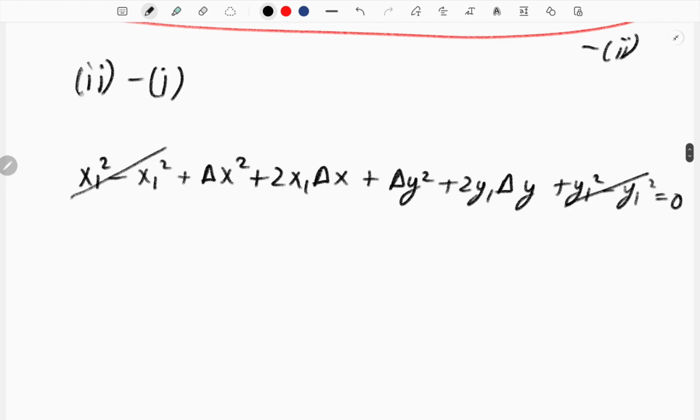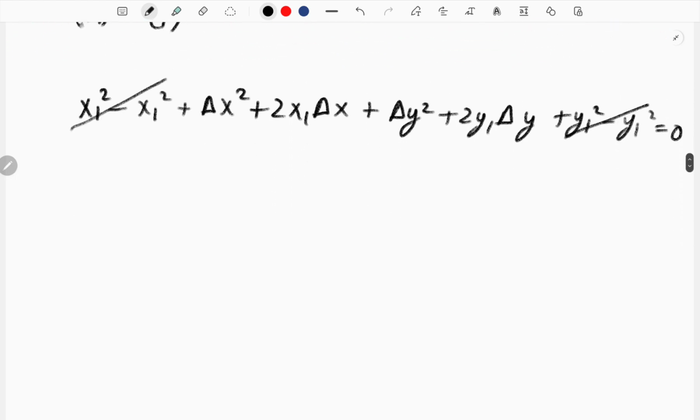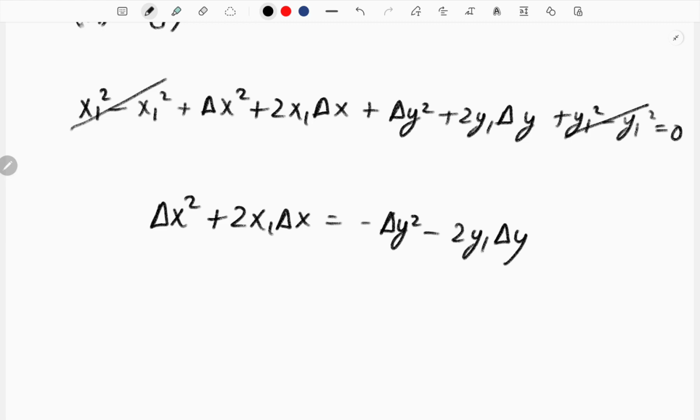So these get cancelled off, and we are left with delta x squared plus 2x1 delta x is equal to minus delta y squared minus 2y1 delta y.